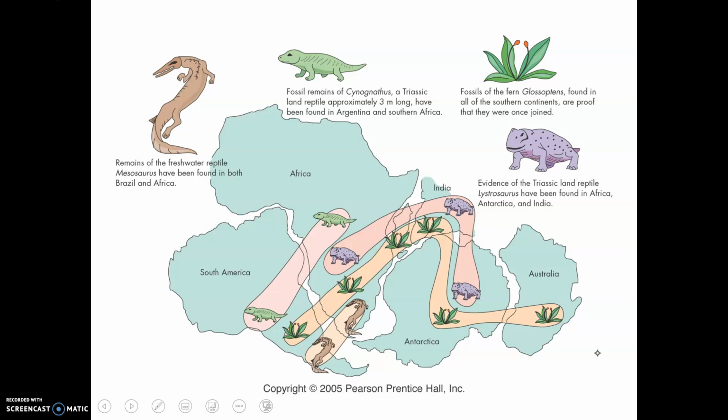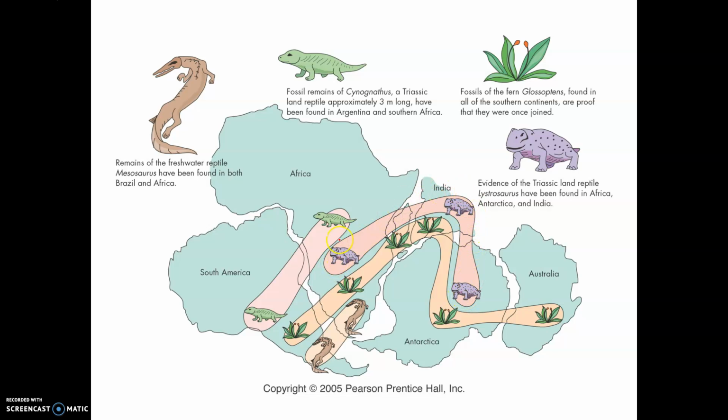If we take a look at some of these examples, we can see that this fossil here of Cynognathus from our Jurassic period has also been found in Africa as well as South America. We can see these fern plants coming all the way around our continents here.